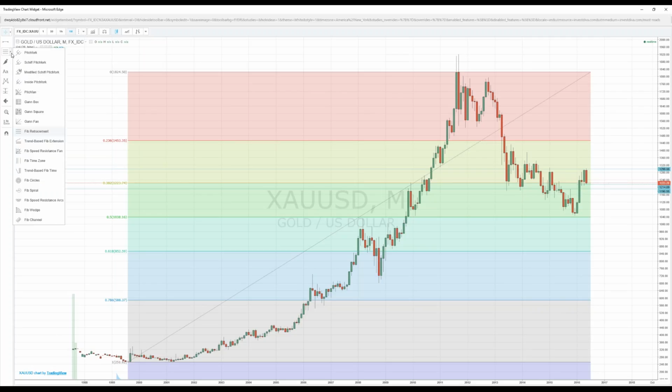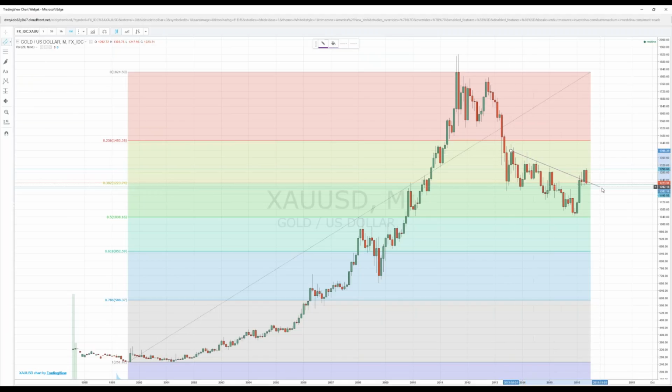So if I were to show the channel on the chart, well, let's go with the trend line, right? Oh, there you go, parallel channel.